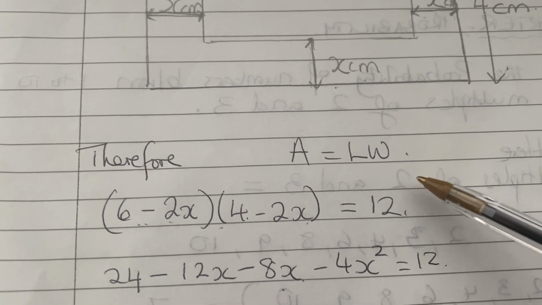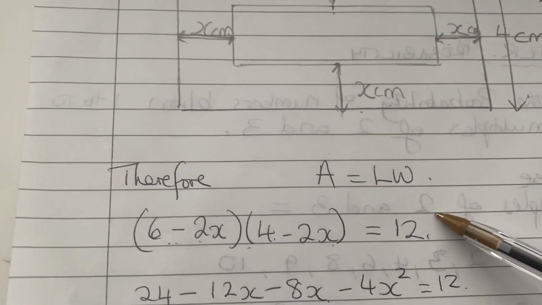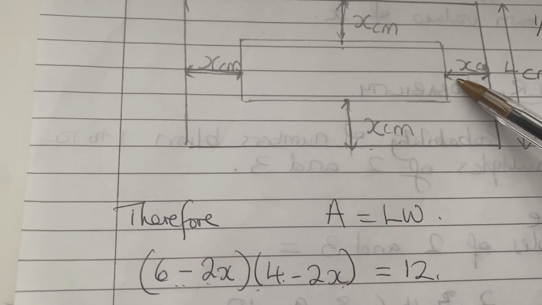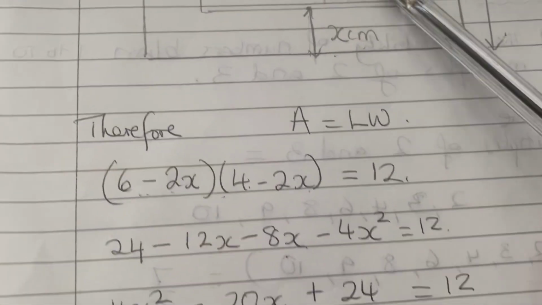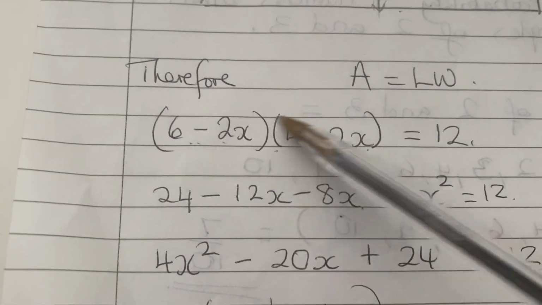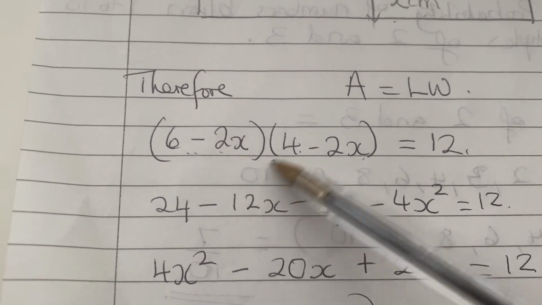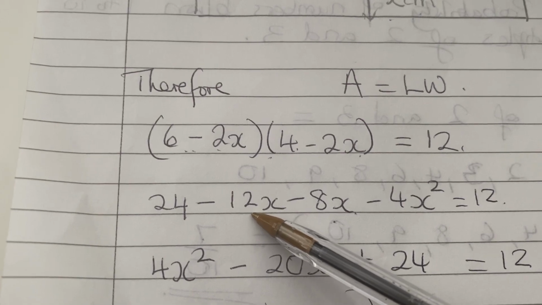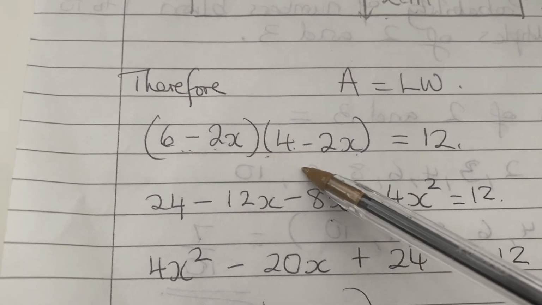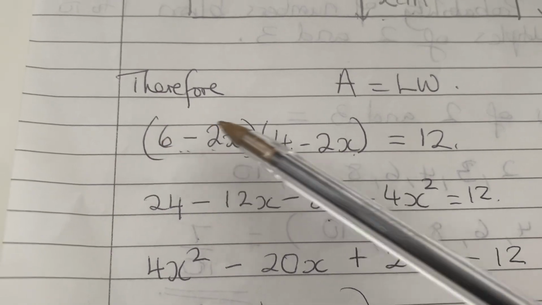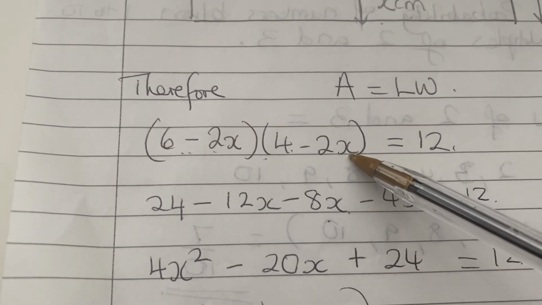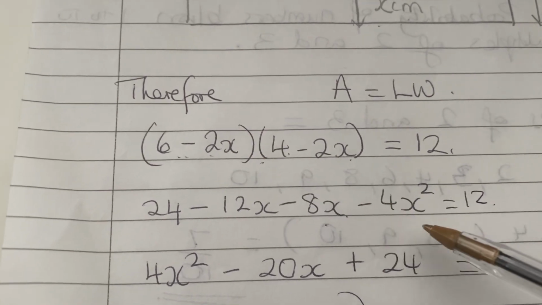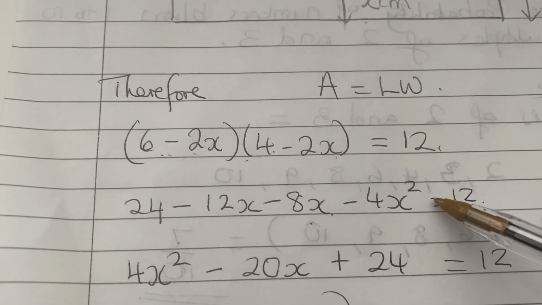Okay, now this is a very important step, because if I cannot do this, then I cannot find x. Now if we break this down, we'll get 24 minus 12x, 6 times 2x, minus 8x, plus 4x squared.